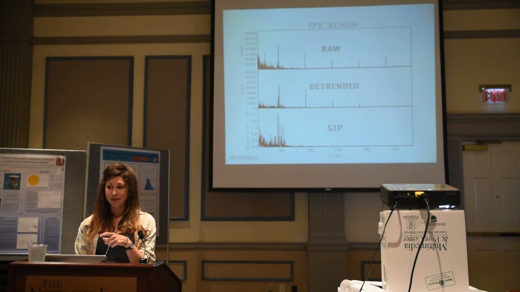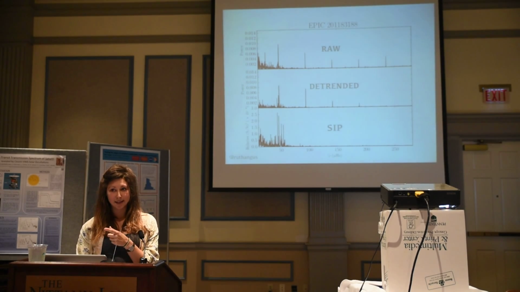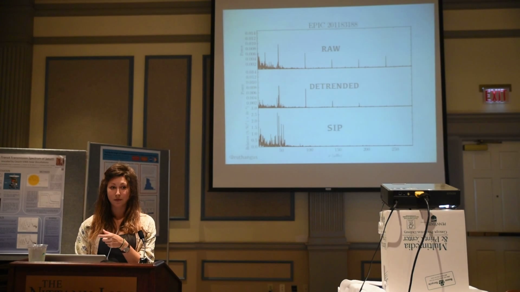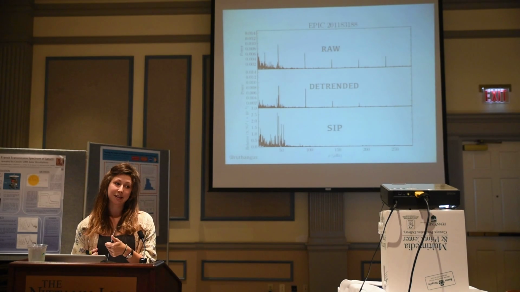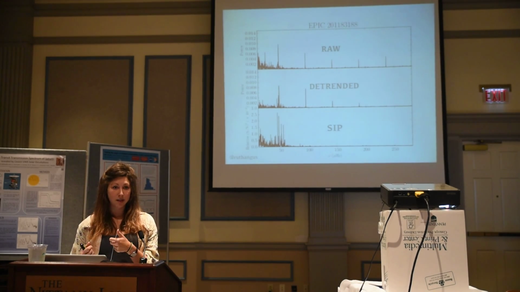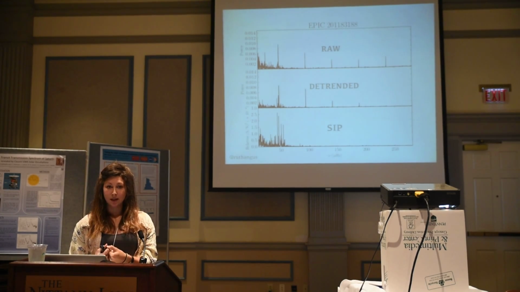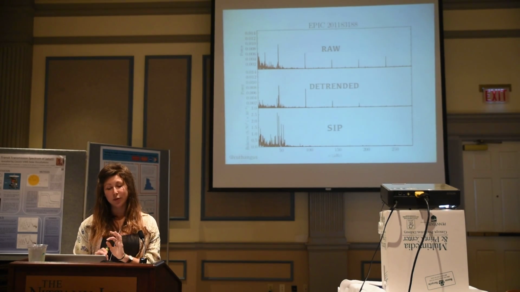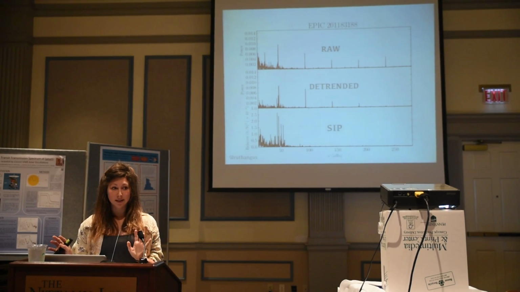The middle panel shows a log-scale periodogram of Vanderburg and Johnson detrended data. So this is a light curve that has been detrended, and this is the log-scale periodogram of it. Those thruster firing signals are still very dominant in that periodogram. So the detrending method works really well for searching for exoplanets.